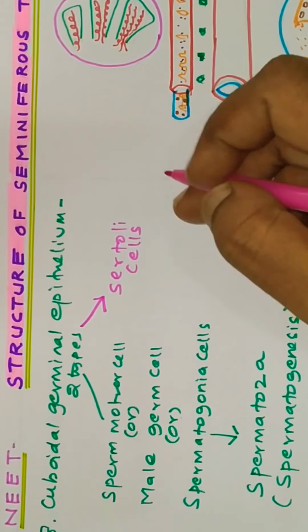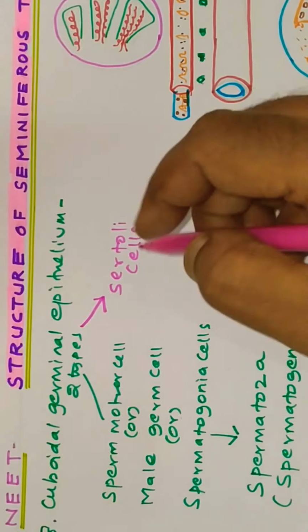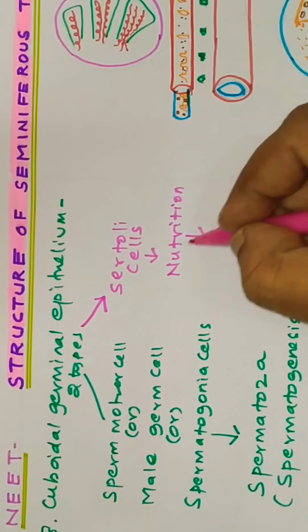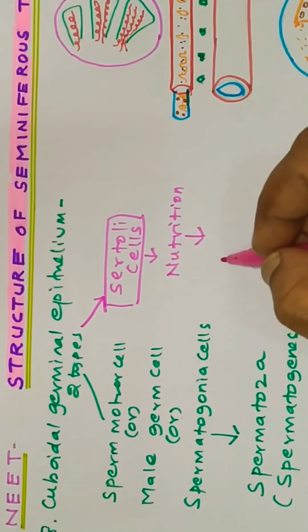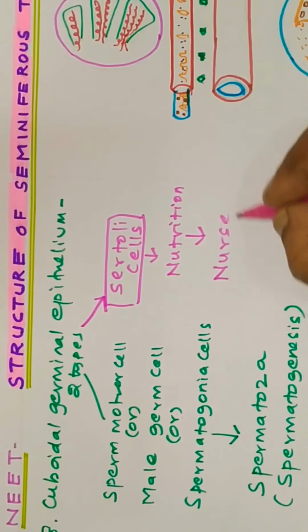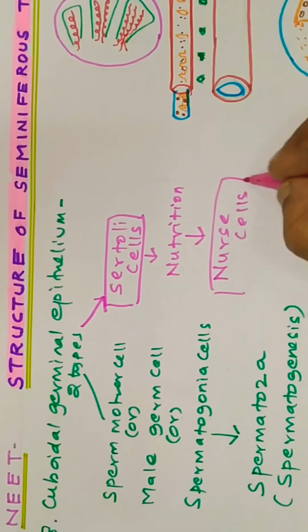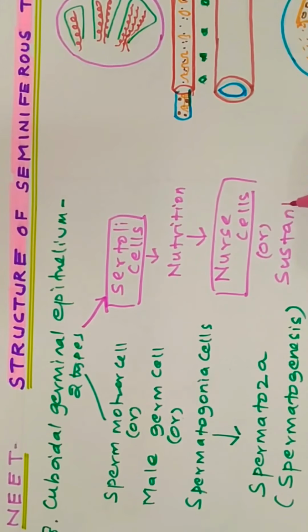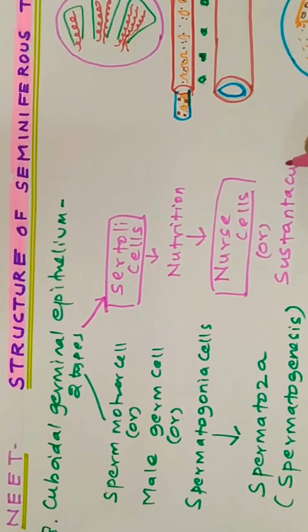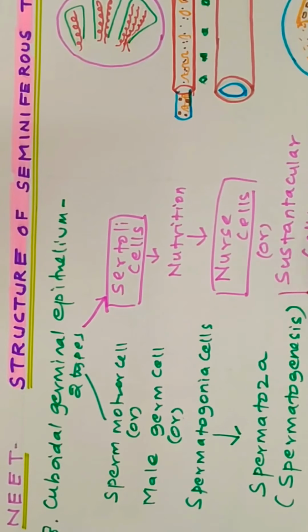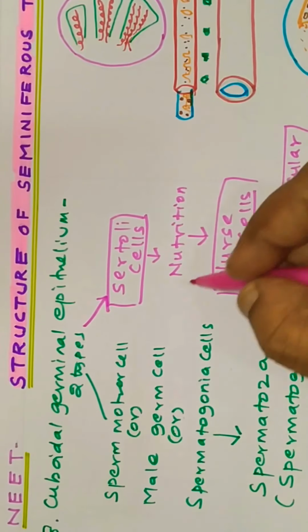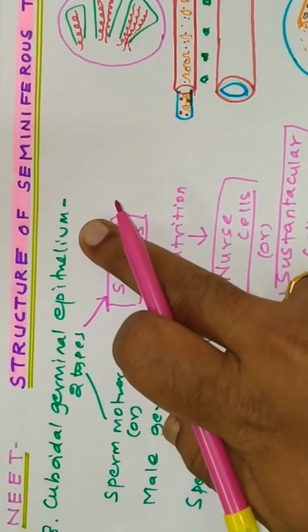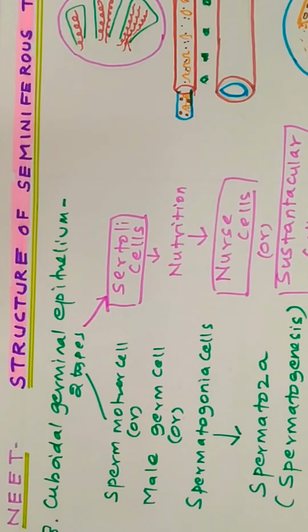The Sertoli cell provides nutrition to the spermatozoa. So the Sertoli cell is otherwise called nurse cell or sustentacular cell, present inside the cuboidal germinal epithelial layer of the seminiferous tubules.